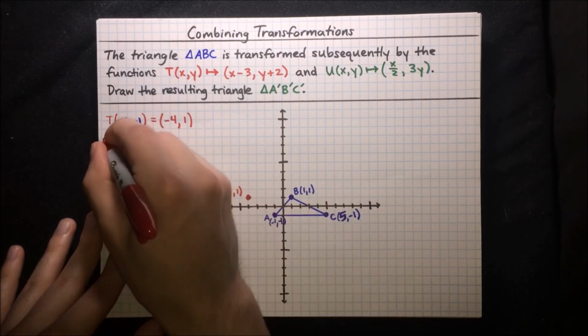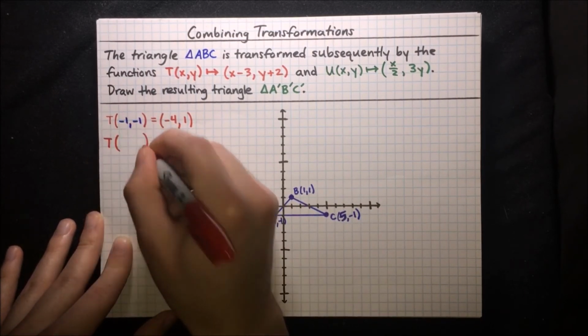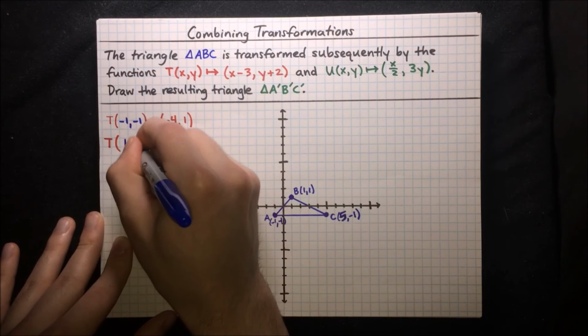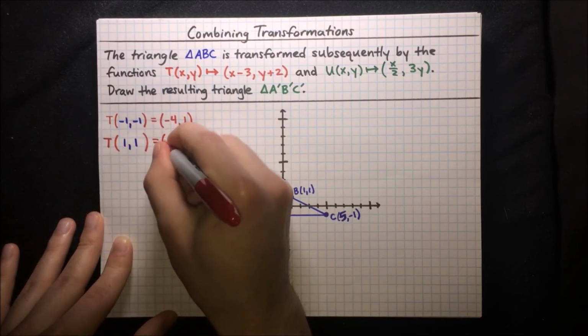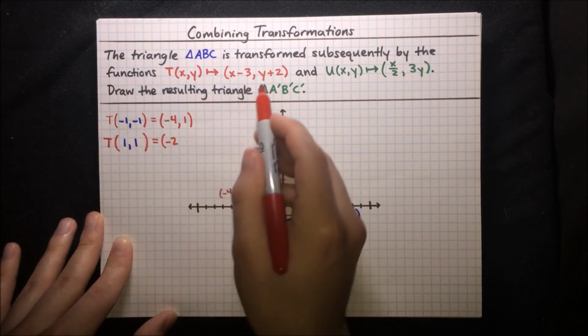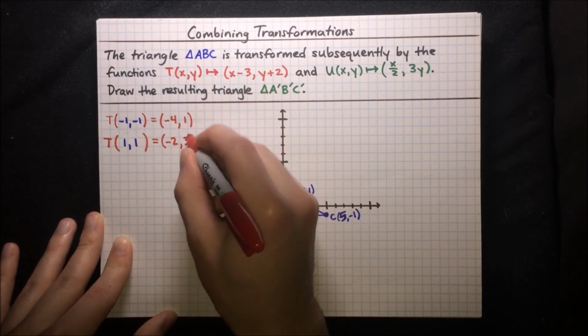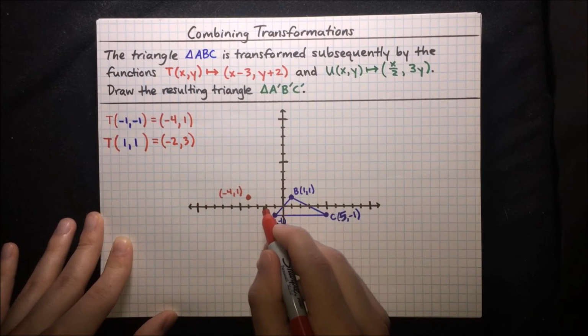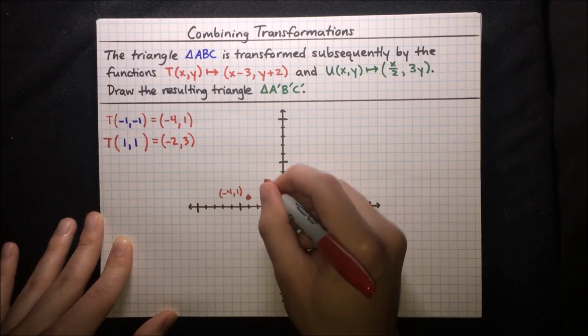So applying the function t to the point B, which is 1, 1, results in the point 1 minus 3, so -2, and then 1 plus 2, which is 3. So plot that, -2, and up 3, right over here.